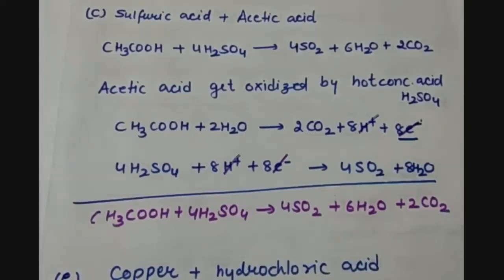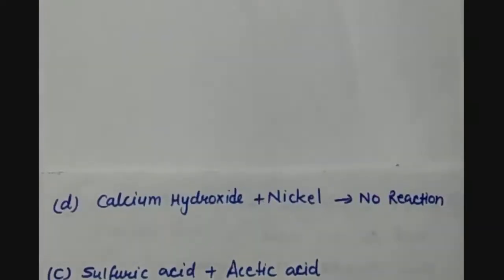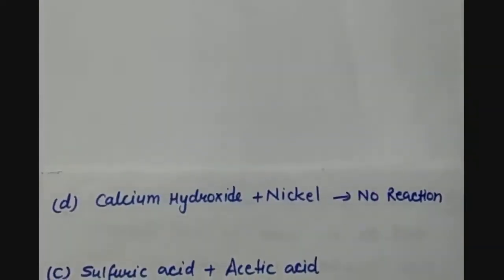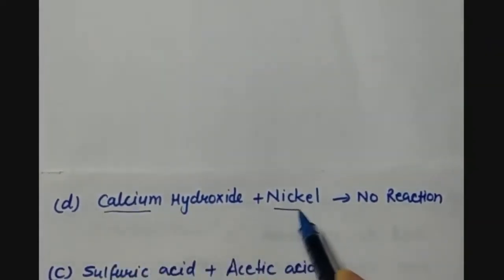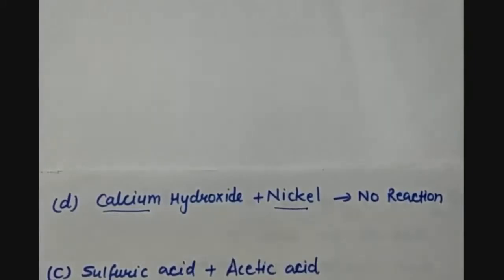The next reaction is of calcium hydroxide and nickel. Calcium is a metal, nickel is another metal, but we know that only a highly reactive metal or more reactive metal can displace the less reactive metal from the compound.